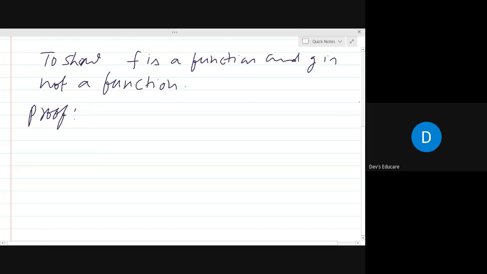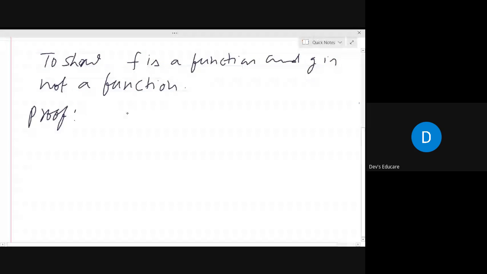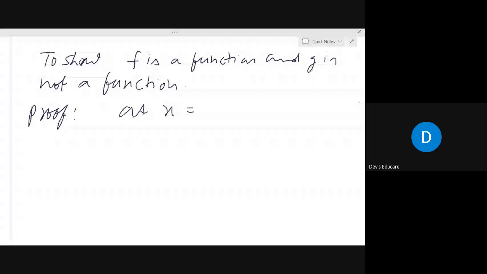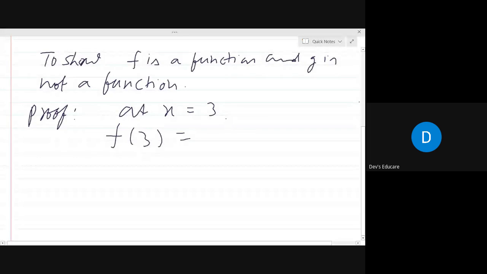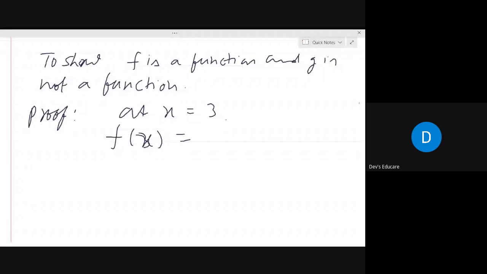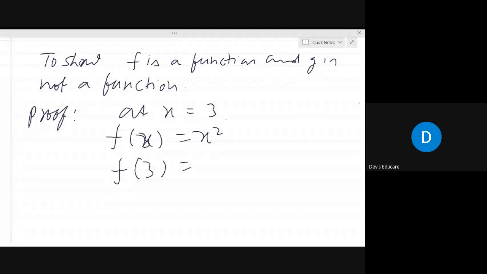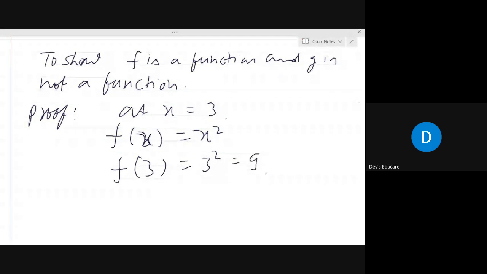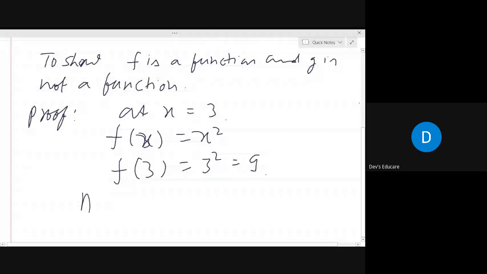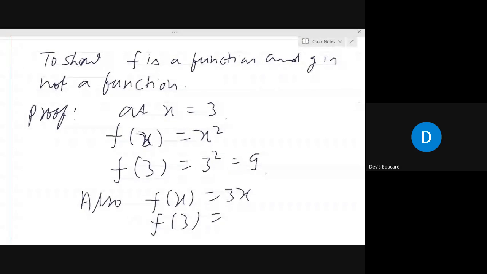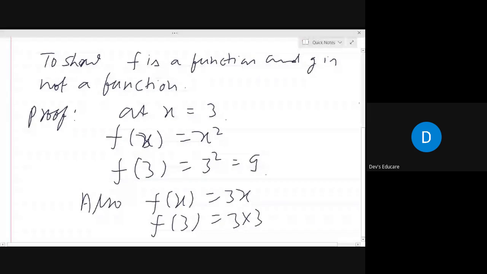If we see at x equals 3, f(x) is x square, so f(3) is 3 square, which is 9. Also, f(x) equals 3x, and at x equals 3 we get 3 into 3, which is 9.